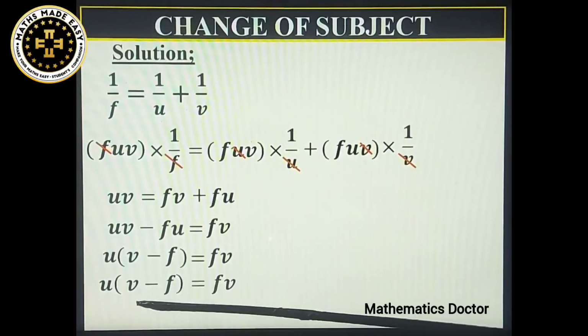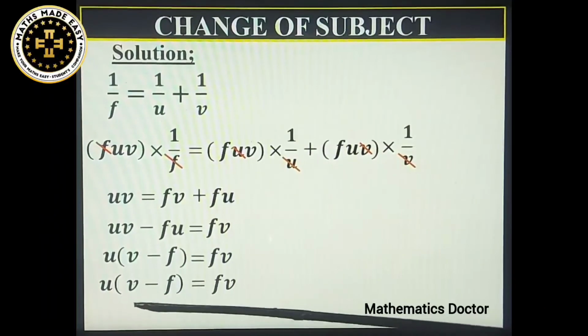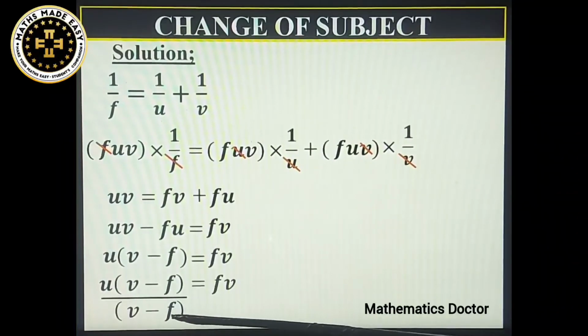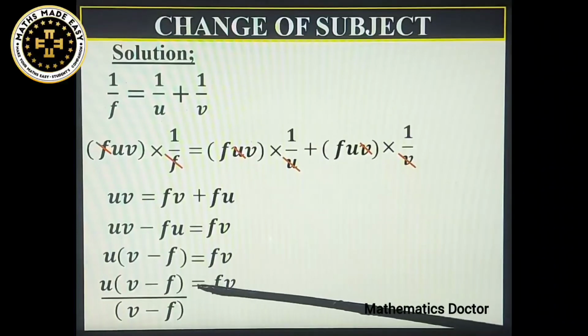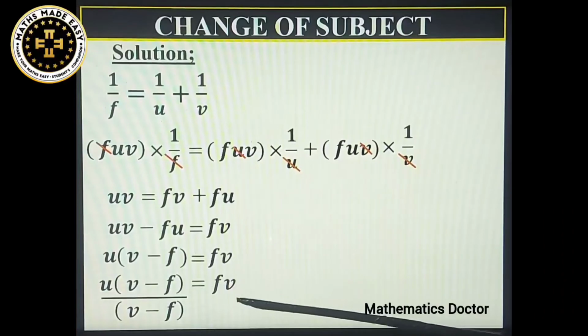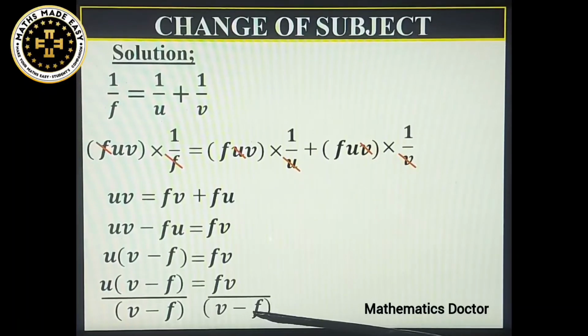Now let's divide the left-hand side by v minus f, since it is the one multiplying u, or u is directly attached to the bracket. So we divide this part by v minus f. And then because the equal sign is there, whatever we do at the left-hand side, we want to do the same thing at the right-hand side. So fv also divided by v minus f.